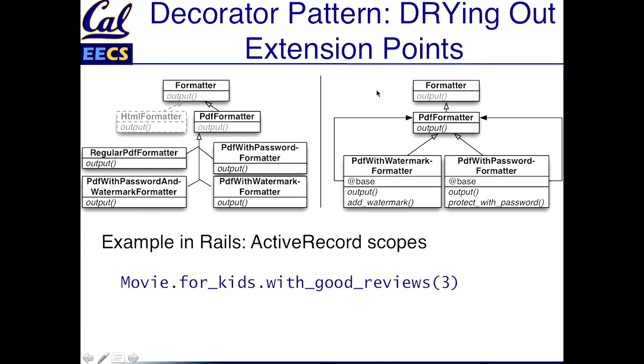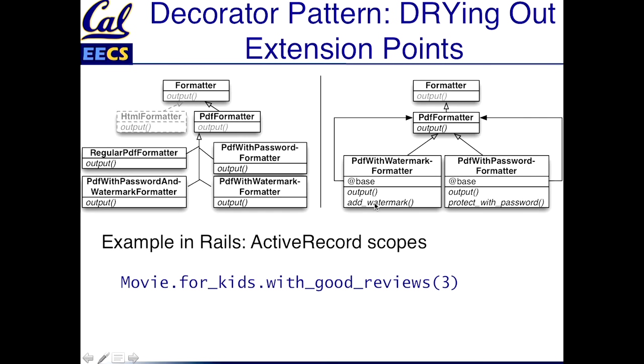So for the report example, here's how you might do it. We have a basic PDF formatter, and we can subclass PDF with watermark or PDF with password, but in any of the subclasses, they'll keep track of the base object, the base PDF formatter object, and they can delegate the output routine back to that. So when I call the PDF with watermark formatter, it will delegate a call to output to the original class, because it doesn't do anything differently in terms of output, but then it does more stuff.